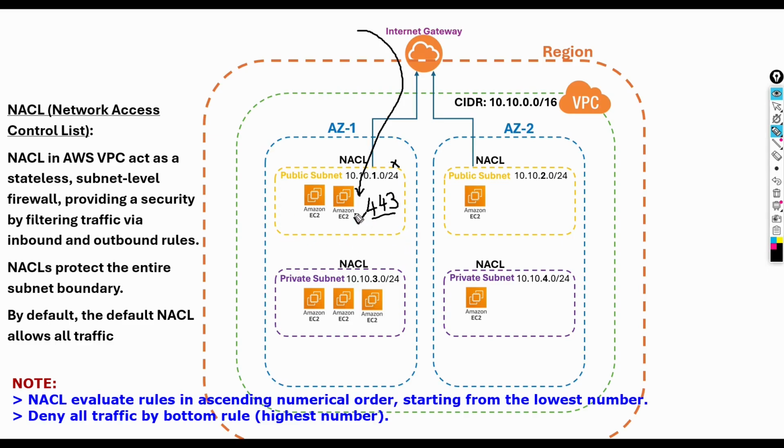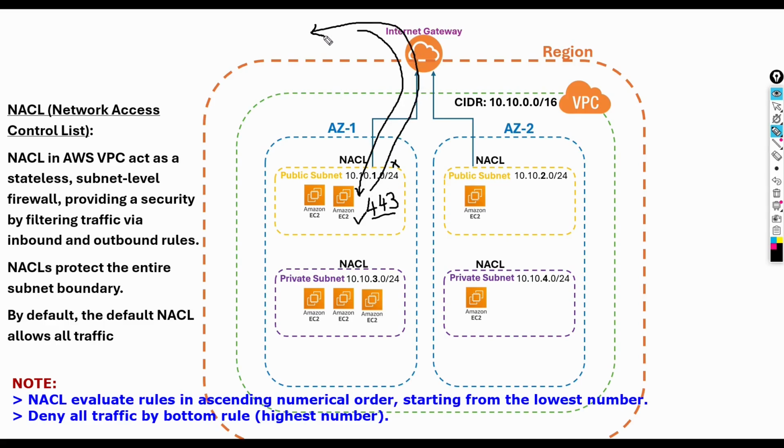Hence, whatever servers are inside this subnet will get access only on 443. So the rest of the ports will get blocked. Similarly, there is one more entry we need to do. By default, it allows the access for the outside.